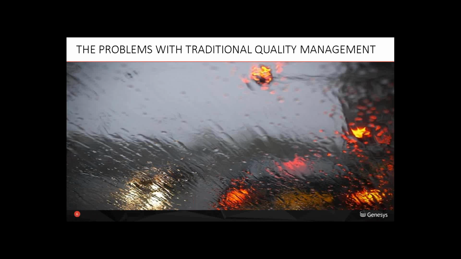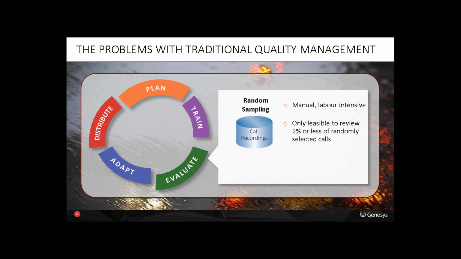Because, as we just discussed, the main problem with traditional quality management is that it does provide extremely limited visibility into contact center conversations. And that's primarily because the process is so manual and labor intensive. It consists primarily of having supervisors or coaches or potentially even managers manually listen to calls and score those calls according to quality criteria.